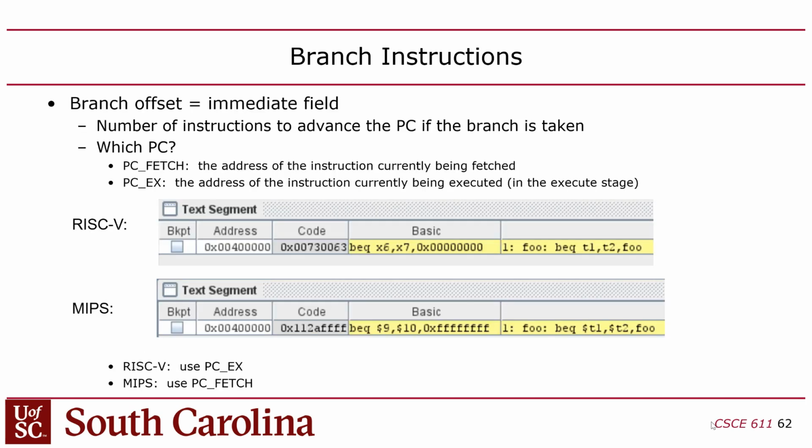For example, here I just wrote foo as a label. I didn't have to worry about this. The only time you have to worry about this is if you're designing hardware. Even as an assembly language programmer, no one cares. That's why no one makes a big deal out of this. Like in 2.12, no one really talks about this much because it only comes up if you're actually designing the physical data path for calculating the branch target.